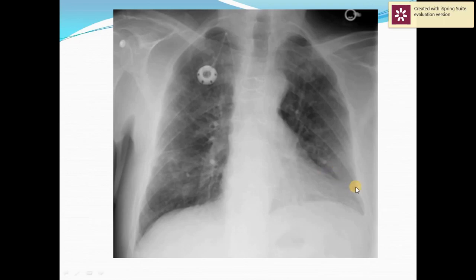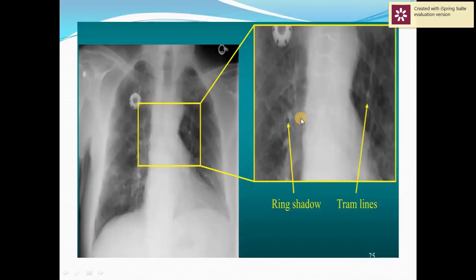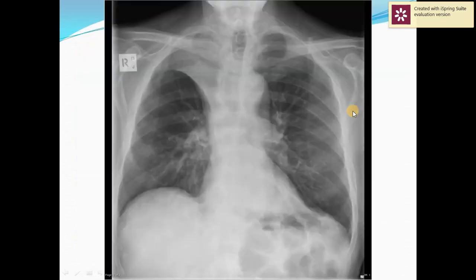This is a case of cystic fibrosis, and this is Heimlich valve for the long-standing antibiotic. And as we see here, there is a ring shadow and a tram-line appearance in case of cystic fibrosis.